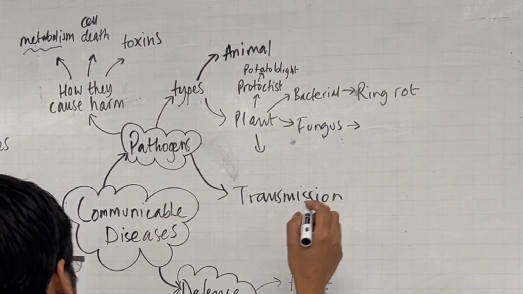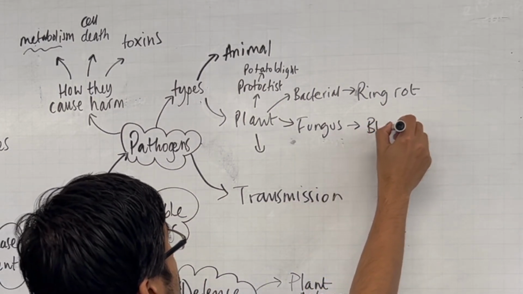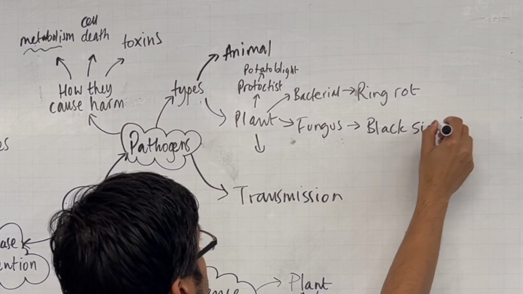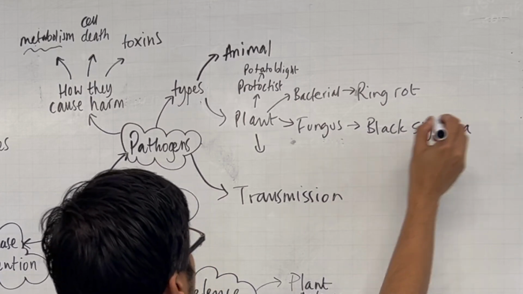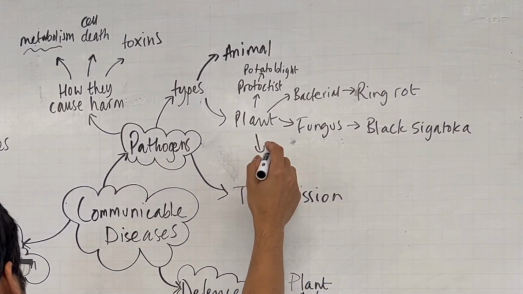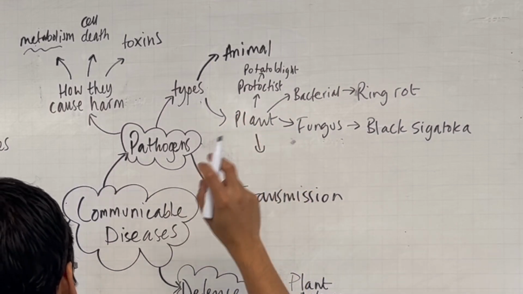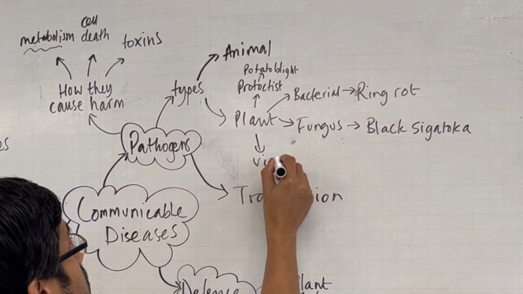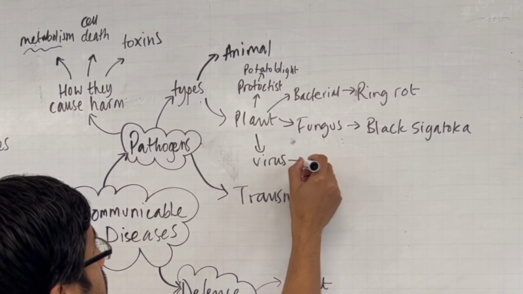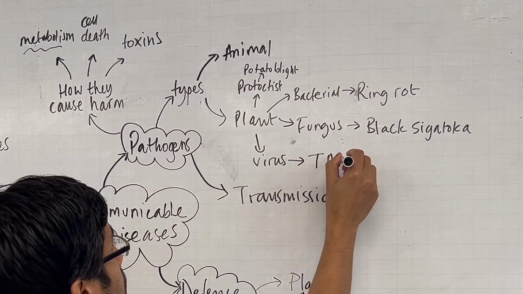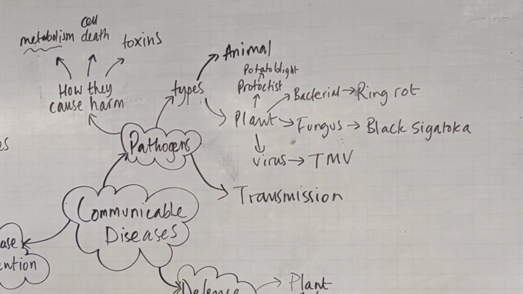Now, in that case, we've got black sigatoka. Okay, and the plant pathogen that itself is a virus is tobacco mosaic virus.